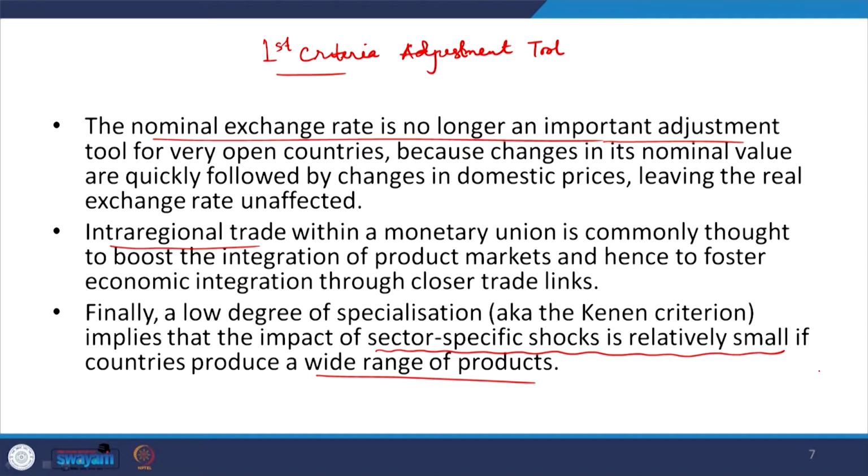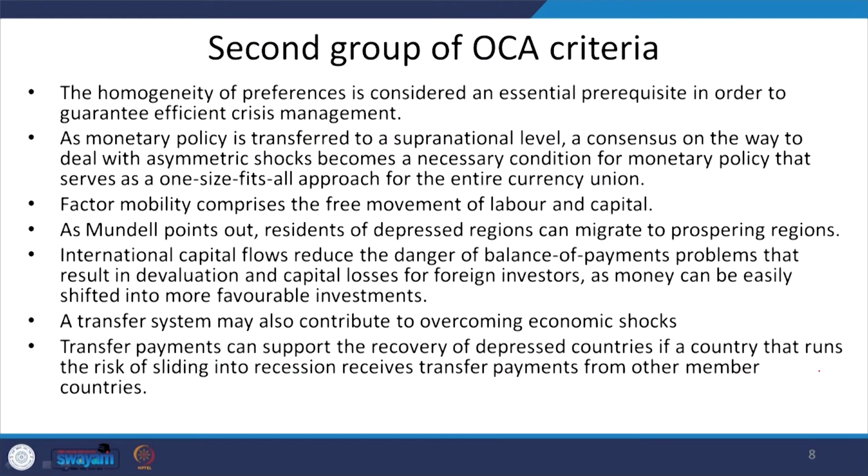All right. Now, coming to the second criteria of the OCA, optimum currency area, for the member countries, the homogeneity of preferences is considered an essential prerequisite in order to guarantee efficient crisis management. So, homogeneity of preferences by the member countries for the products is important.